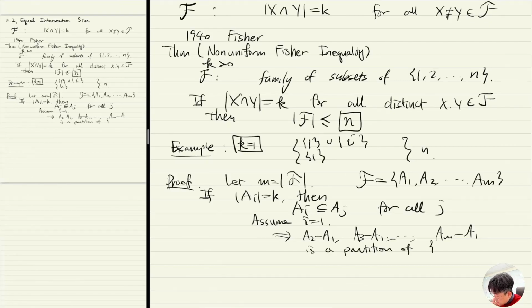of the whole set minus A1, because they don't have intersection. Oh no, it's not exactly a partition. It's a partition of the union. Let me say it this way.